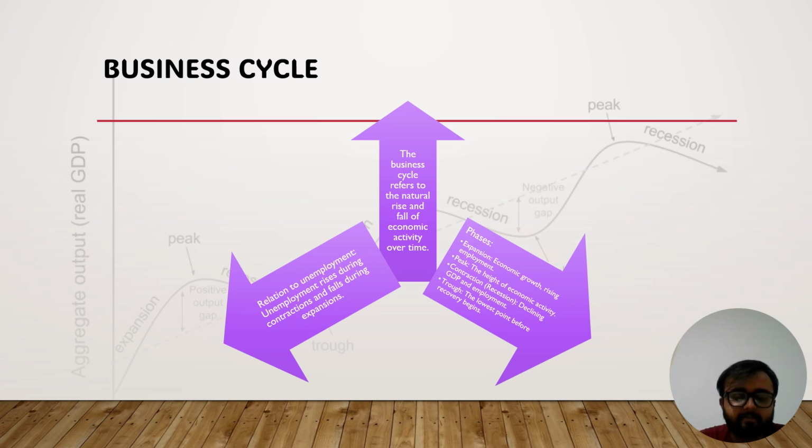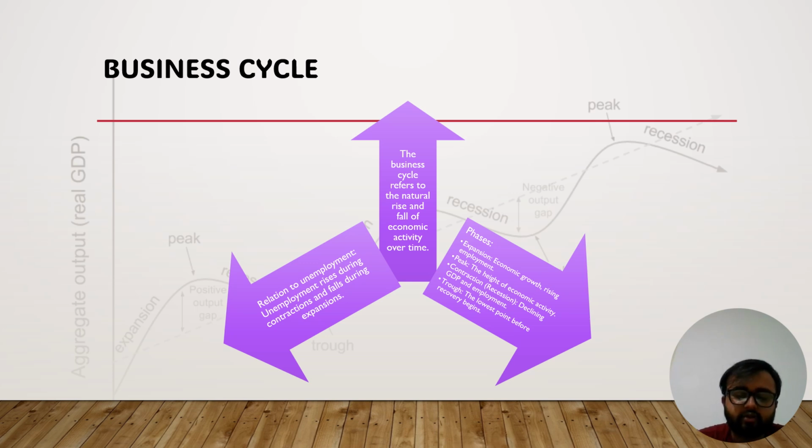The other one is peak, in which the business cycle is at its topmost point, and from that point, businesses are making maximum revenue and maximum profit, and the employment level is at the highest. The third one is contraction. We can also call it recession, in which there is a declining GDP and the level of employment is falling gradually.